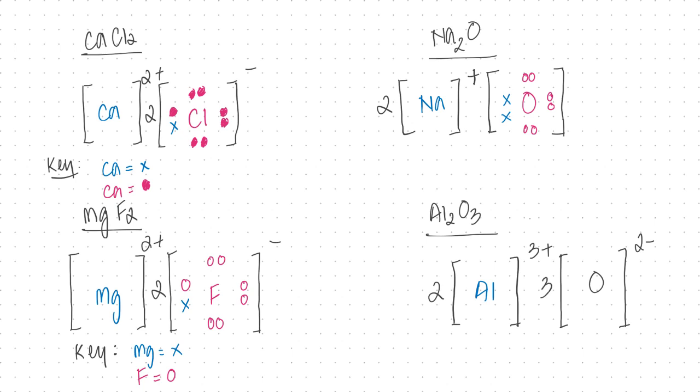Each oxygen has 1, 2, 3, 4, 5, 6 of its own electrons and 2 from aluminum. But there are 3 of them, because 2 aluminums give out 6 electrons, and 3 oxygens can absorb 6 electrons. So it balances out when you have 2 aluminums for 3 oxygens. I hope this makes sense to everyone.